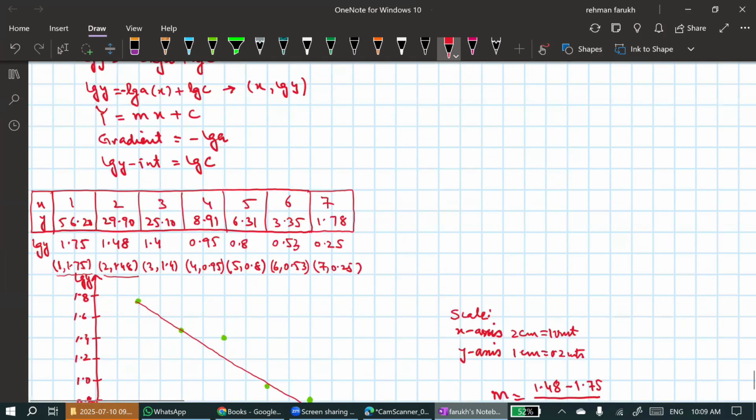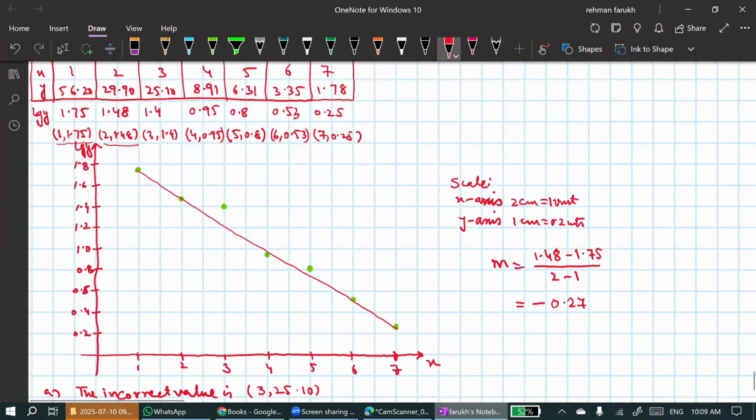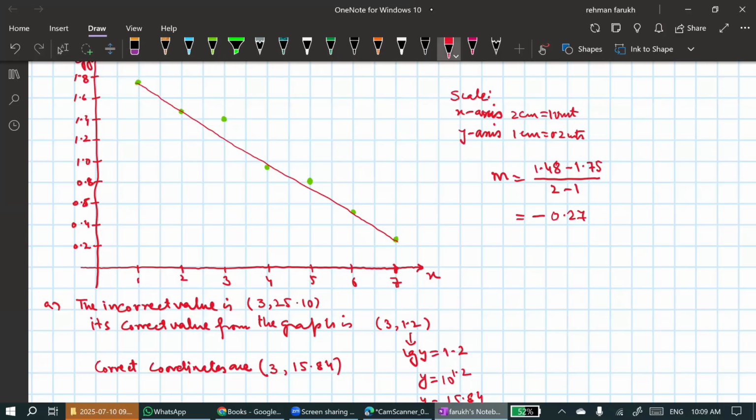And gradient is equal to minus LGA. Cancel out negative with negative, and LGA is equal to 0.27, so A is equal to 10 power 0.27.